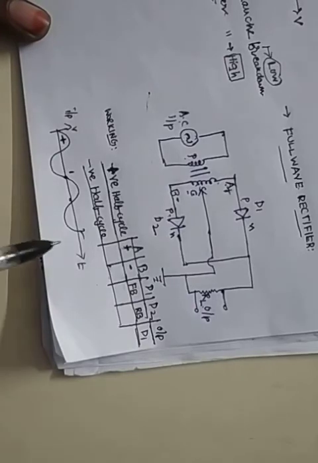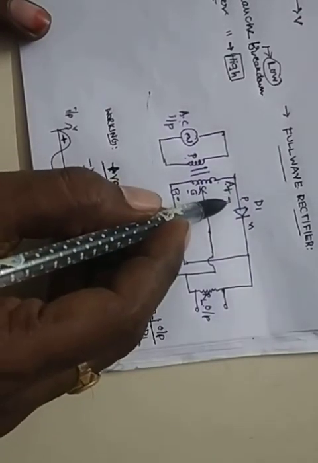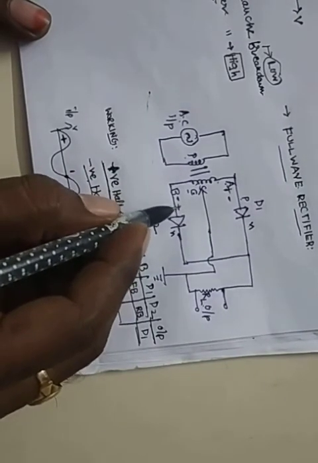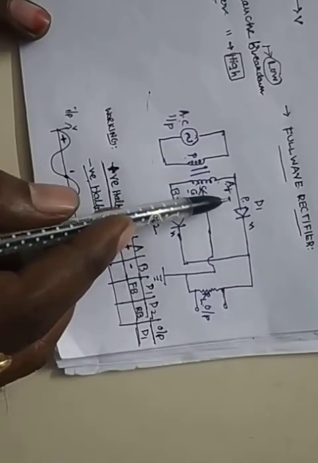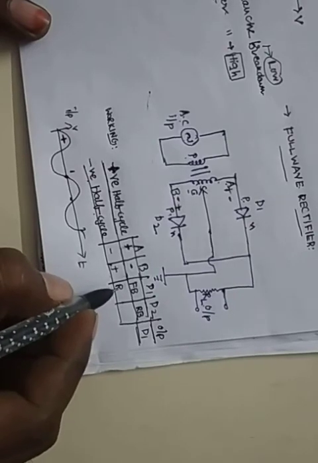Okay. Now, what happens for the negative half cycle? For the negative half cycle, the terminal A becomes negative and the terminal B becomes positive. Then P is connected to negative and N is connected to positive, means the diode D1 is in reverse bias.